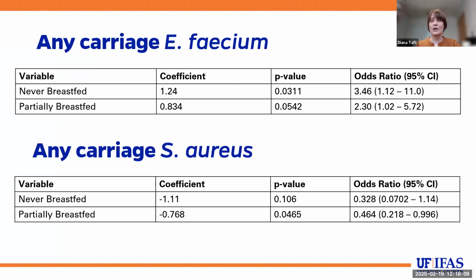So the next question was, is this associated with breastfeeding? And if you just look at any carriage of Enterococcus faecium, regardless of whether or not it's carrying a resistant strain, the never breastfed infants are more likely to carry Enterococcus faecium than the exclusively breastfed infants.